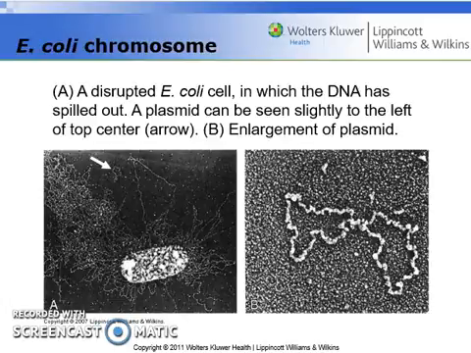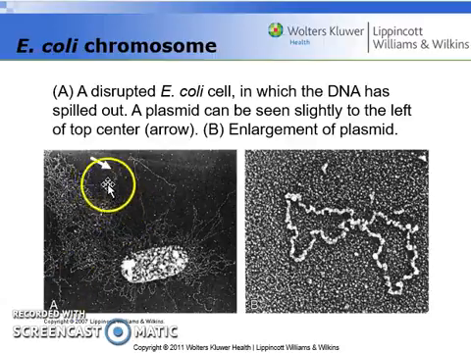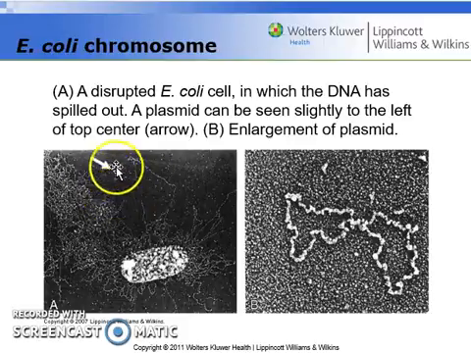And here's an image of some chromosomes. This is an image from your book where you see an E. coli cell where DNA has essentially been spilling out of the cell. So all of this is DNA. And right where this arrow is, we have a plasmid that you can see. The plasmid is a circular DNA component. Bacteria only have circular DNA, and their DNA is not like ours.